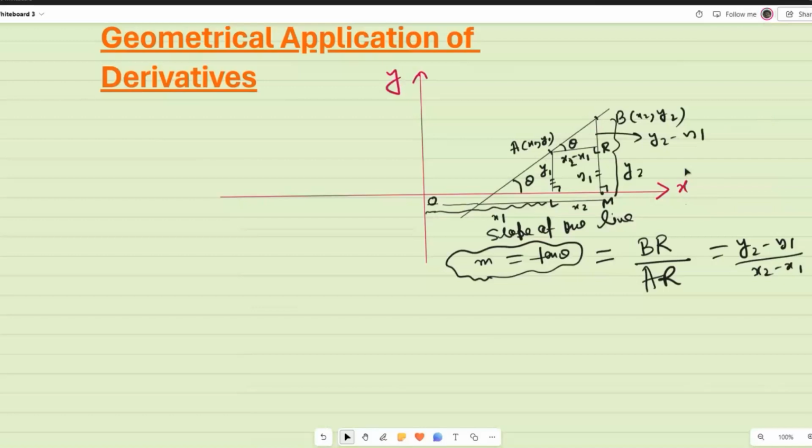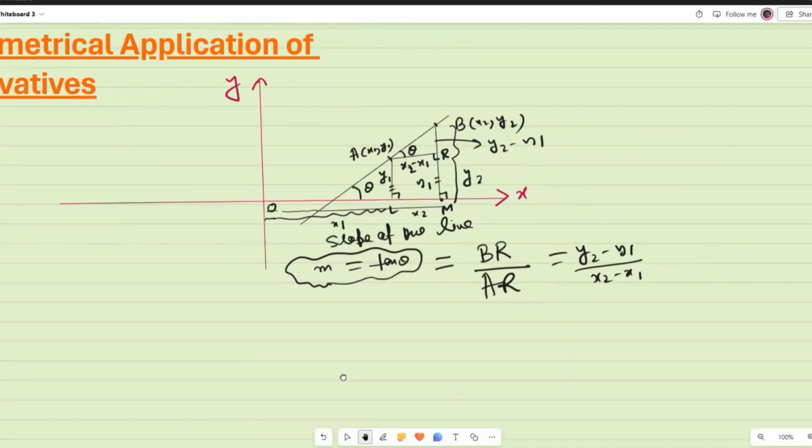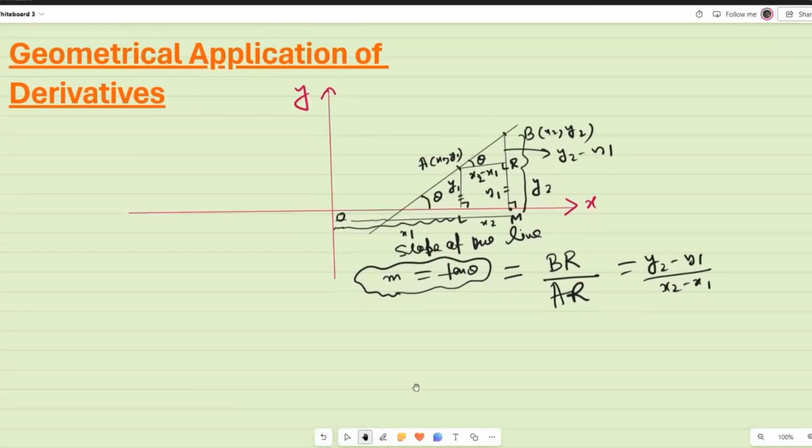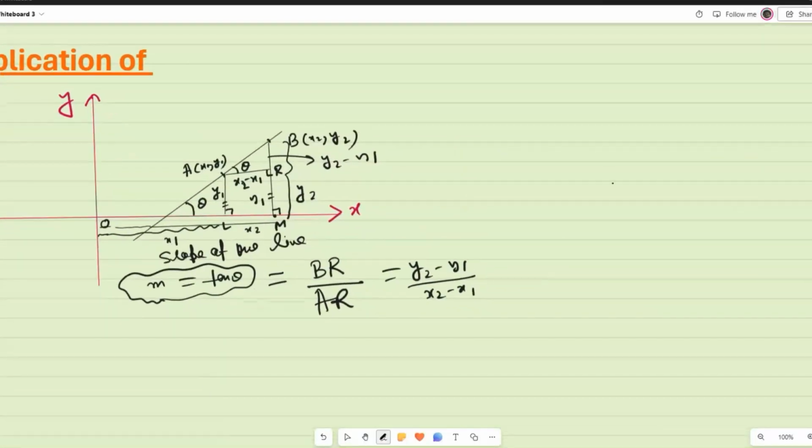Slope of tangent is given by this relation. Now the problem arises if we want to define the slope of tangent to a curve. There is a curve. It has some equation. Curve may represent anything.